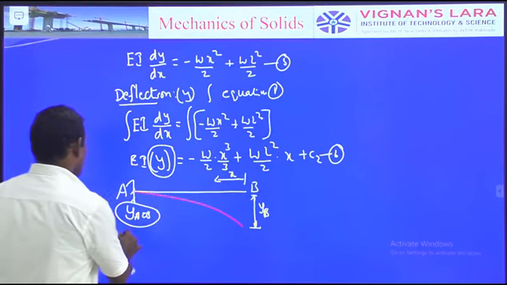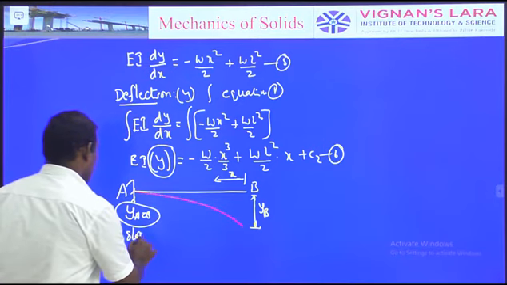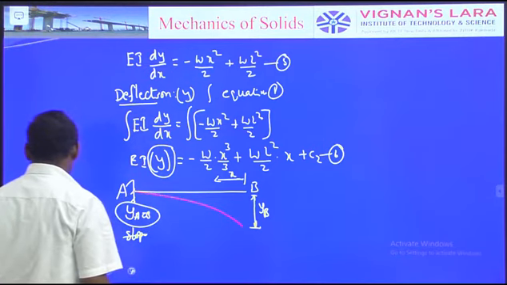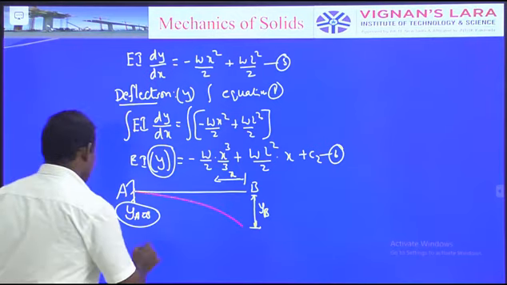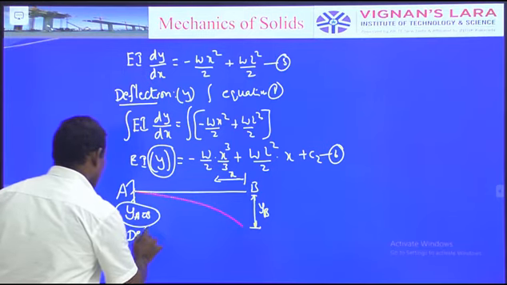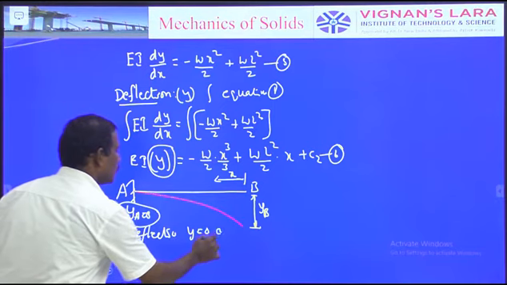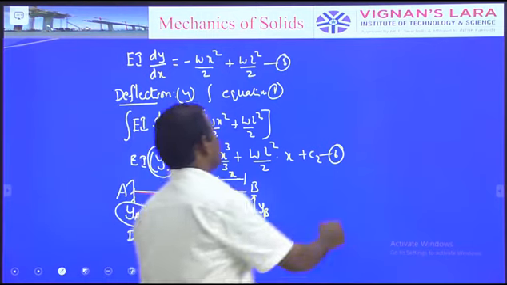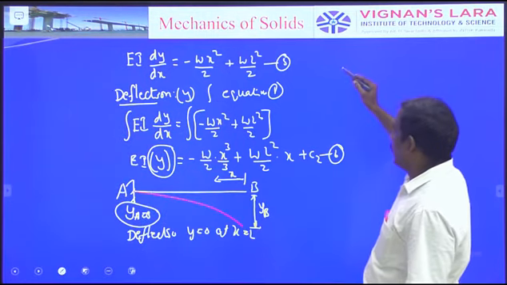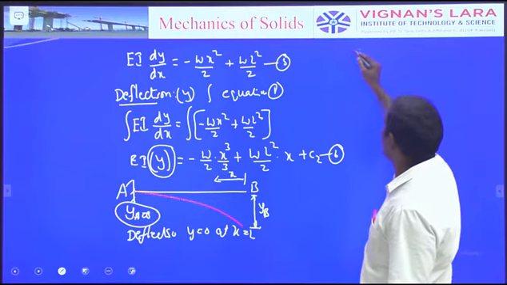Sorry, that is not slope, that is deflection. The deflection y is equal to 0 at x = L. Substitute y = 0 and x = L in equation number 6.